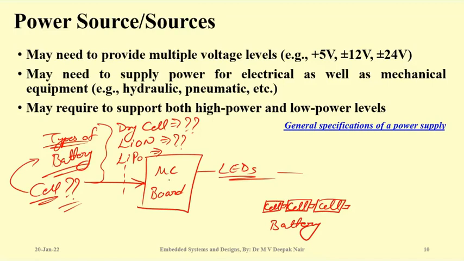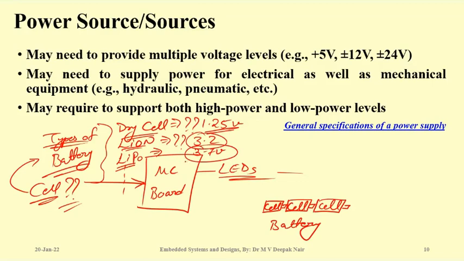Now the question is, do you know the individual cells of lithium ion, lithium polymer, dry cell have different voltages? Some of them work at 3.2 volt, some at 3.7 volt, and so on. Dry cell or the pencil cell that we purchase for our clocks gets 1.25 volt. So when you combine these cells, you can get a multiple of these particular numbers.